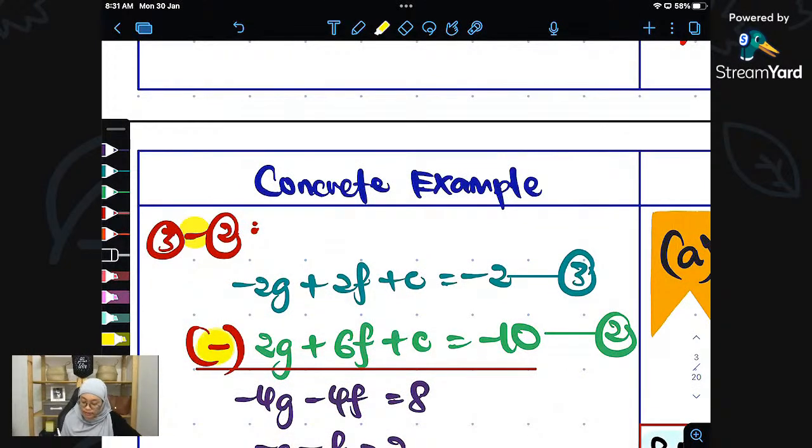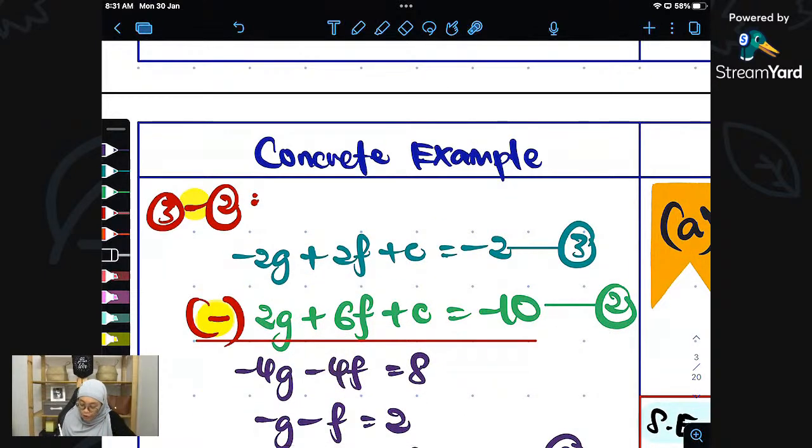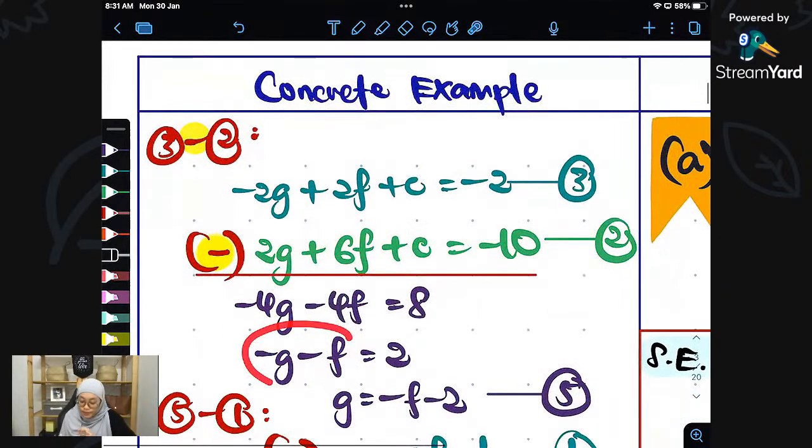I try minus. So when I try minus, what alphabet do I eliminate? I eliminate the letter C, so that I will get only G and F. Right? Because negative 2G minus 2G is negative 4G.